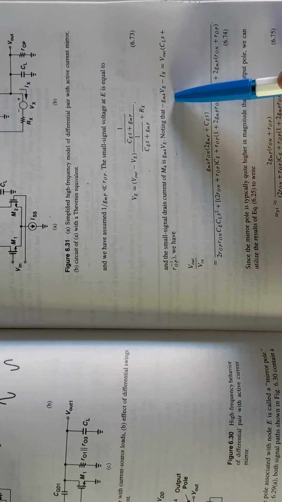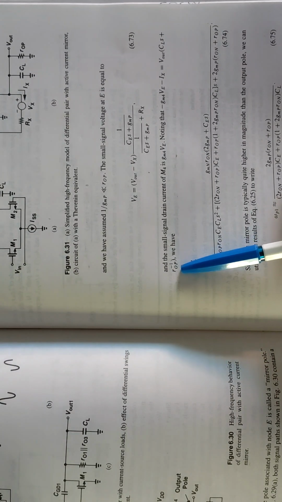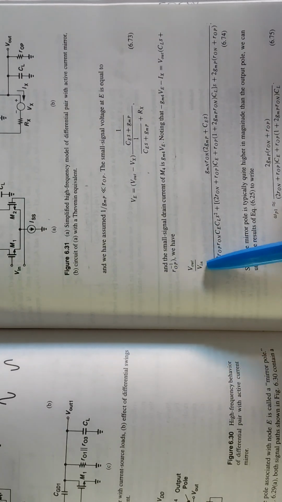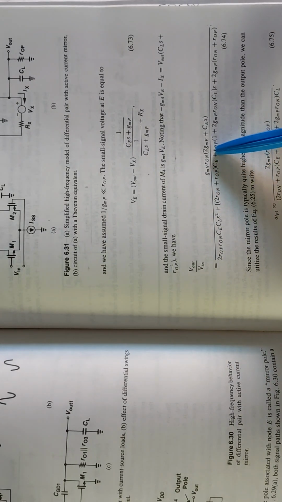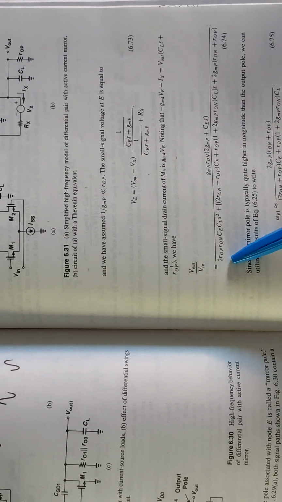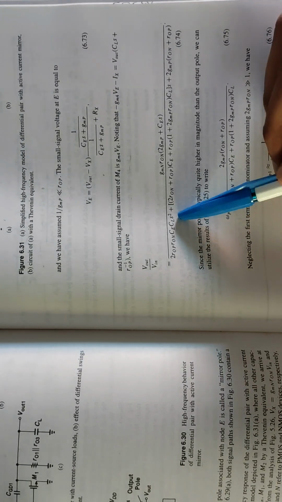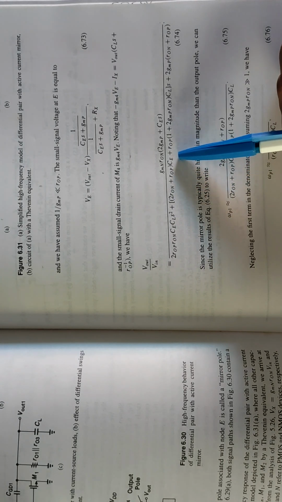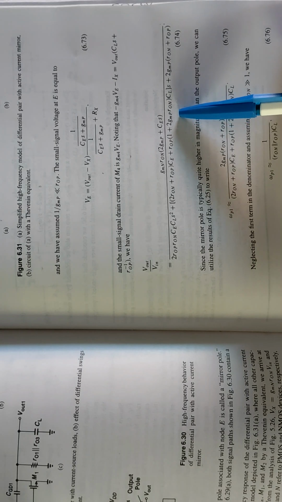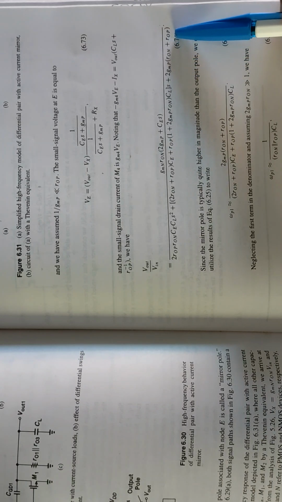Noting that minus GM4 VE minus VS is equal to Vout (CLS plus R_oP) to the power minus 1, we have Vout/Vin equal to Gm R_oN (2GMP plus CES) over R_oP R_oN CE CL s squared plus (R_oN plus R_oP) CE plus R_oP (1 plus 2GMP R_oN) CL s plus 2GM R_o plus R_oP.